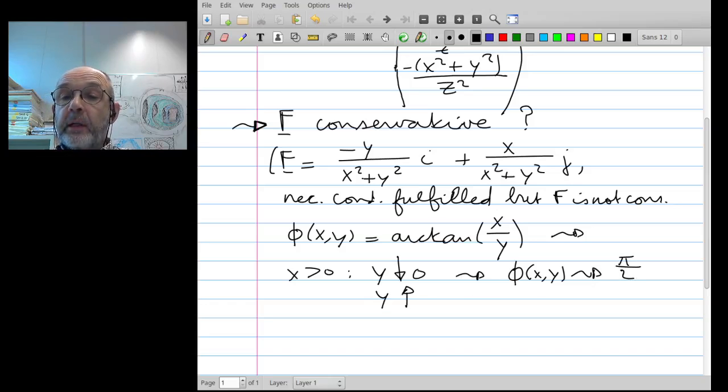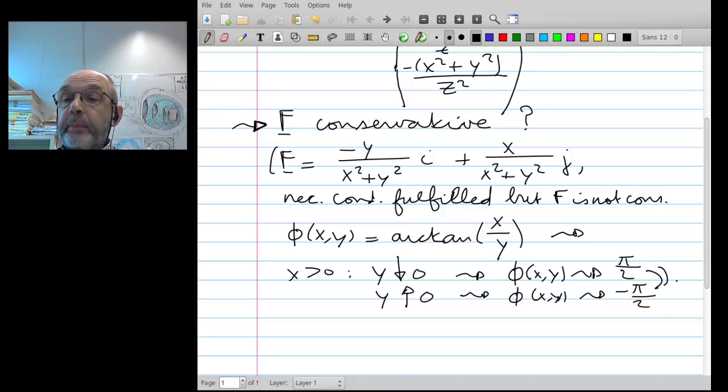But if your y is going from beneath to 0, so if your y is negative, you will see that it goes to minus pi divided by 2. Because x divided by y becomes negative, and that arctangent there is minus pi divided by 2.